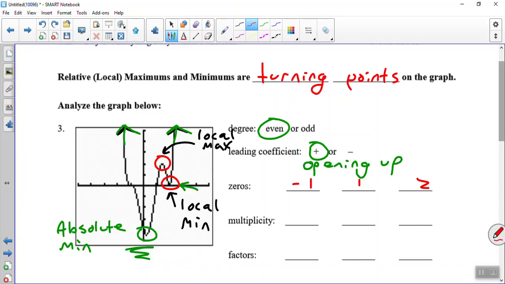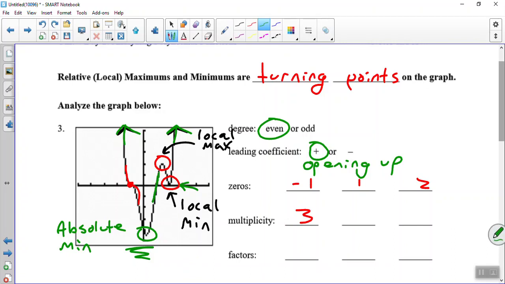All right. Let's look at the multiplicity of each zero. This first one, -1. This is crossing the graph in the shape of a cubic. So we say that that 0 has a multiplicity of 3. Okay? At 1, it's crossing it in what looks like a linear shape.